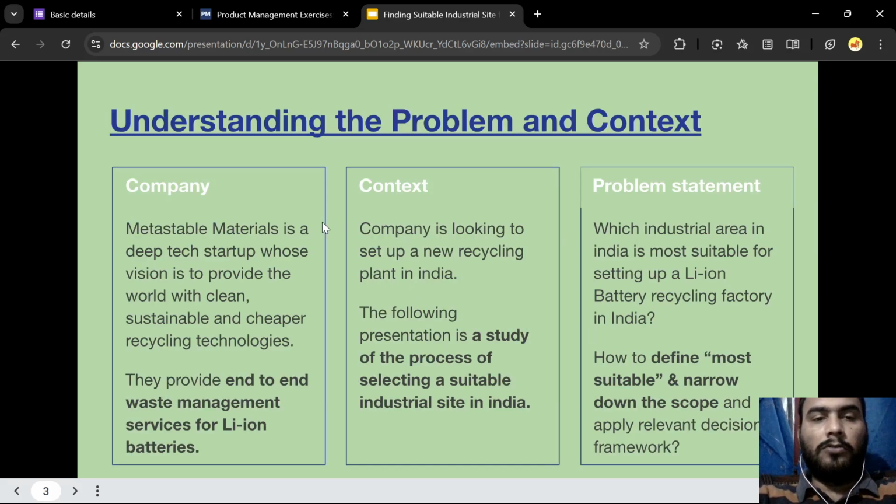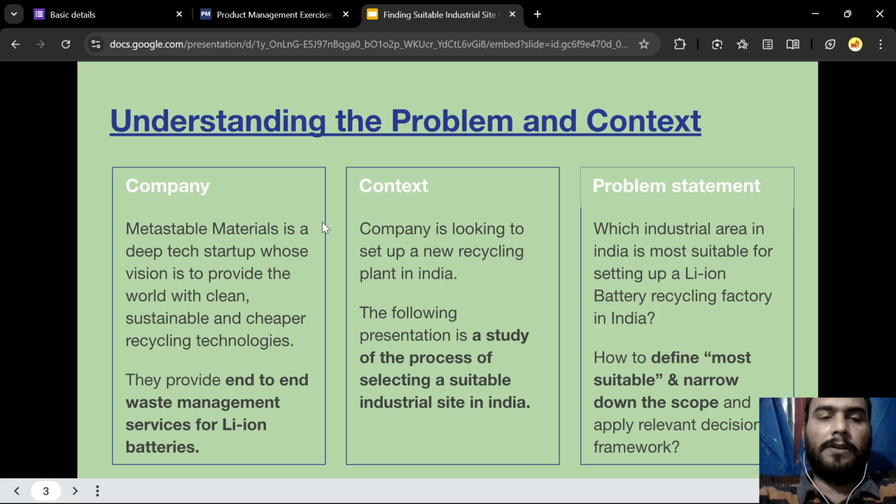So if you think about the company, Metastable Materials, it is a startup based out of Bangalore, and they have a plant. They recycle lithium-ion batteries, and they have a new technology that they have been using for recycling.